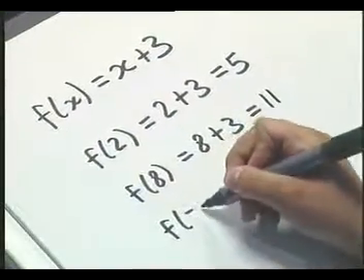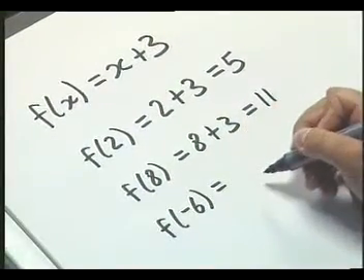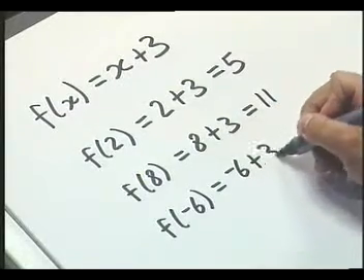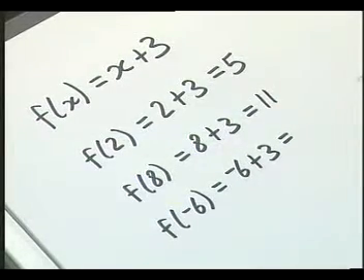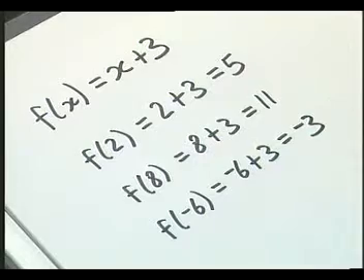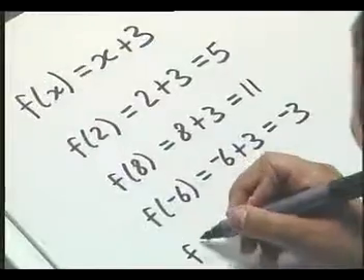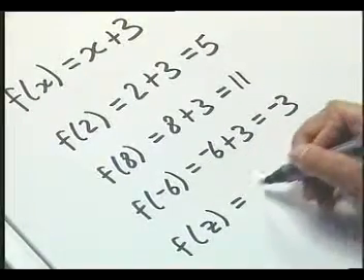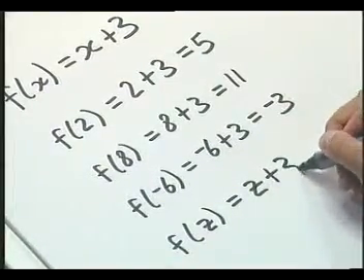And suppose I had an argument of minus 6. I could write f of minus 6 equals minus 6 plus 3, which would give me minus 3 for my output. And if I had an argument of z, I could write down f of z equals z plus 3.